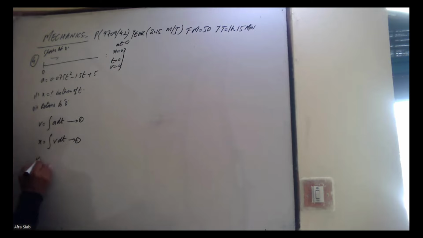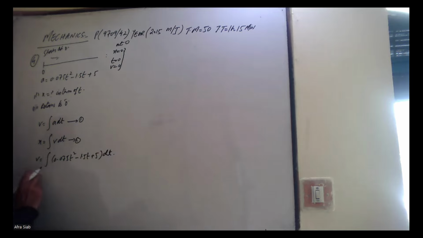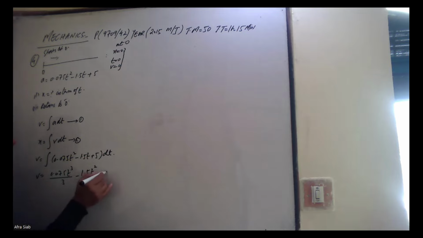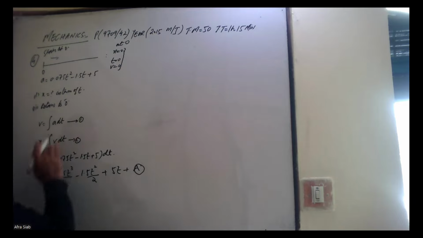So velocity will be equal to integration of 0.075 t square minus 1.5 t plus 5 into dt, and that is going to give us the velocity. So velocity will be equal to 0.075 t cube over 3 minus 1.5 t square over 2 plus 5t plus constant of integration a there. But to get the constant of integration, we know that the velocity is 0, displacement is 0, and time is 0.